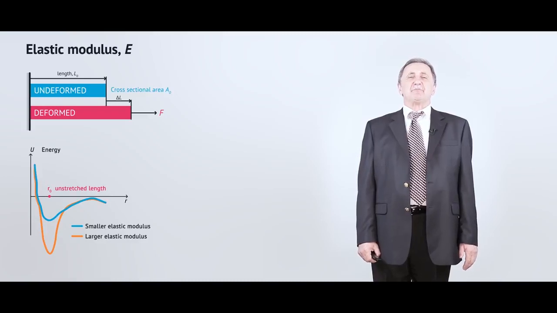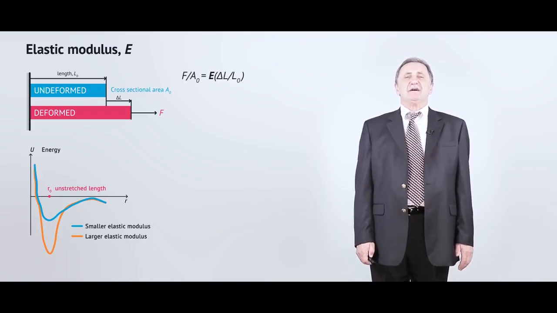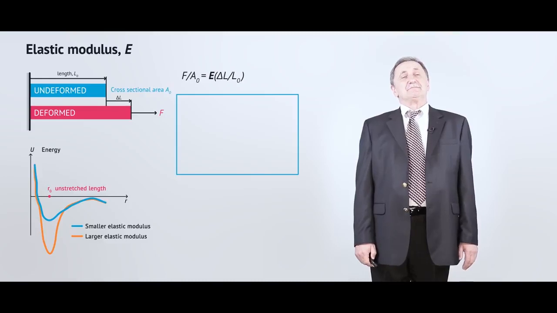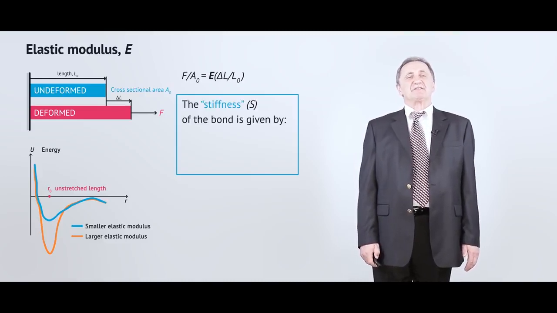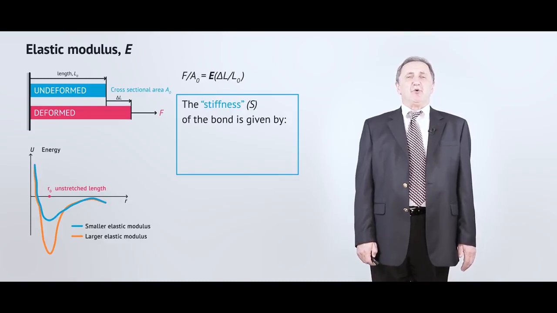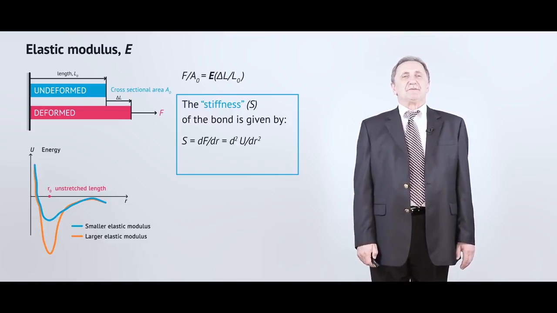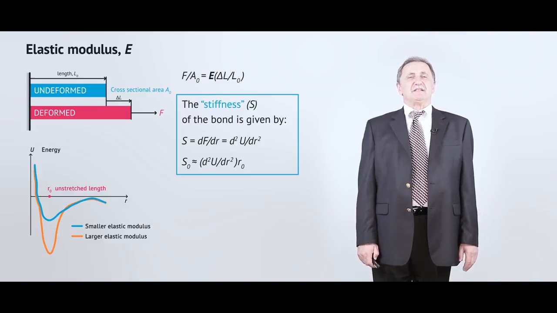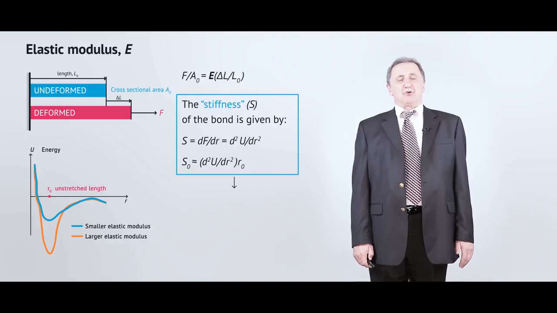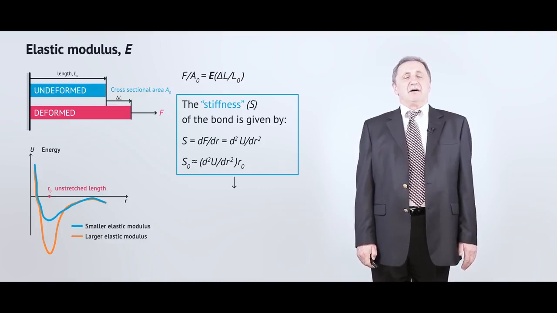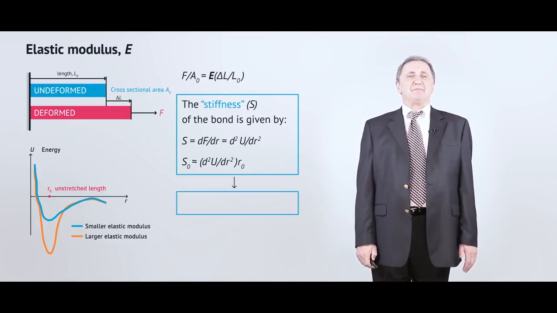It means it will be proportional to the curvature of the characteristic energy-distance function at R equals R0. So now you know that indeed the elastic modulus is defined by the atomic level of structure of the material.